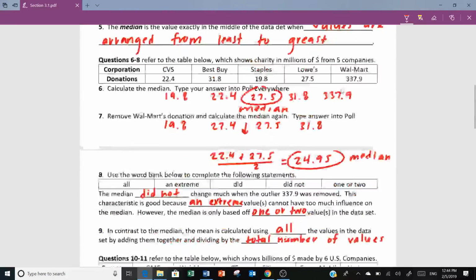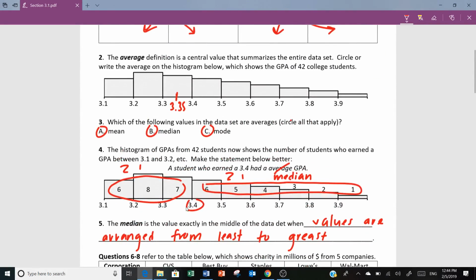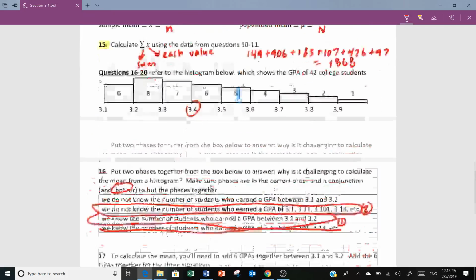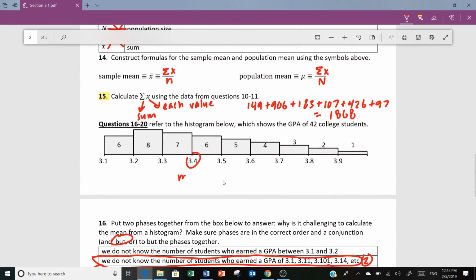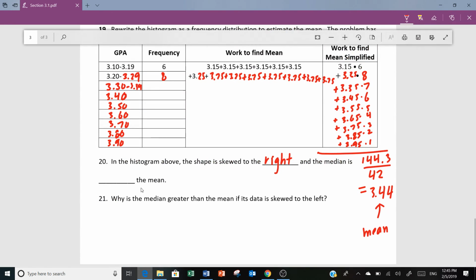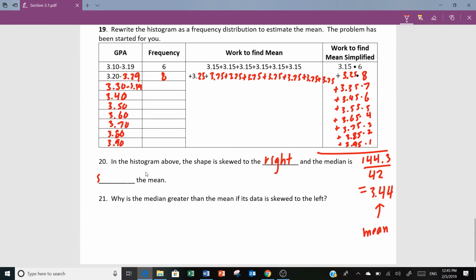Remember from number 4, we saw the median was 3.4. So here's our median, and our mean was 3.44. So how does the mean compare to the median? The median is blank the mean: smaller.